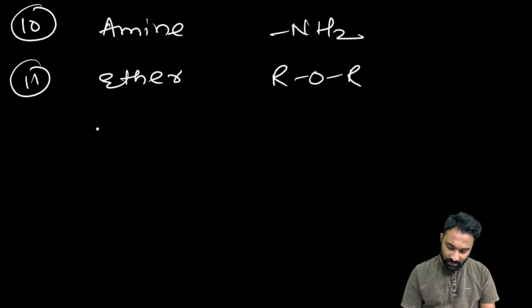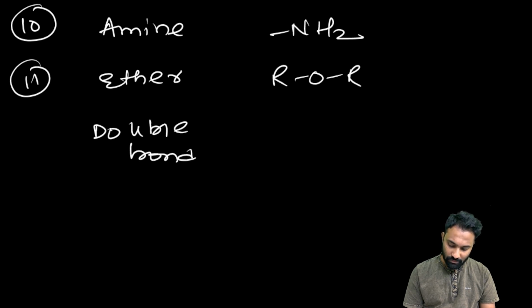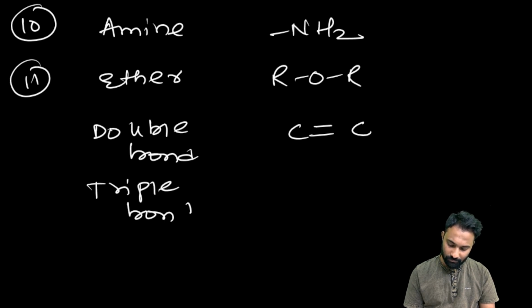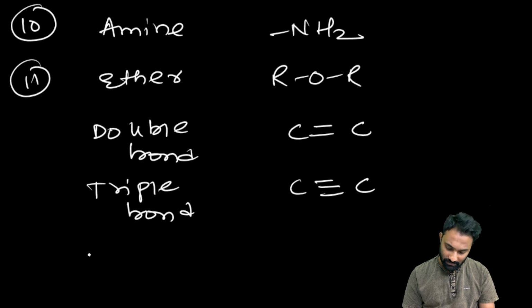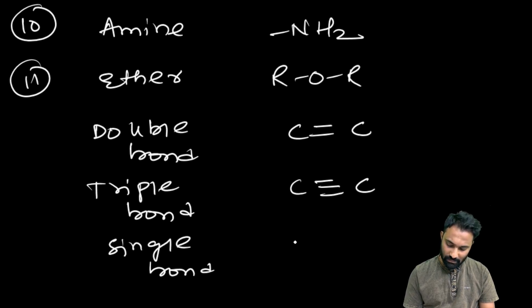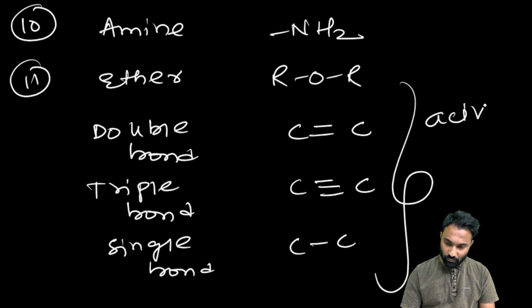Up to amines, these are the functional groups. Next one will be the double bond, C double bond C. Clear? Next, the triple bond, C triple bond C. Next, the single bond. Actually these are not active functional groups.